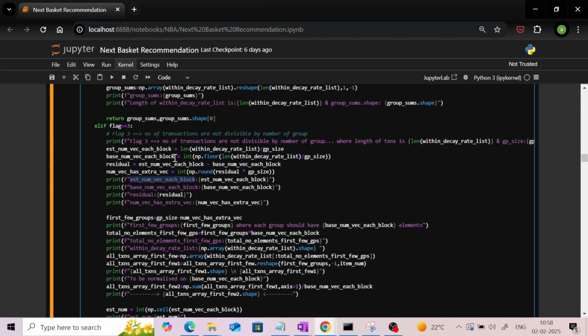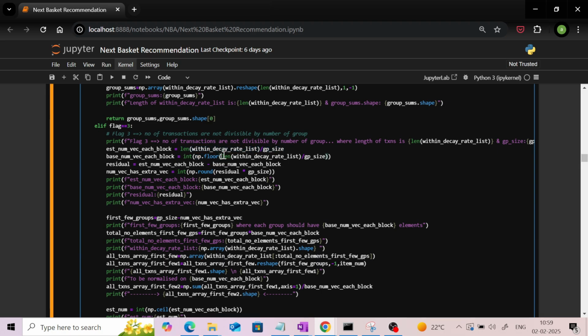Then it calculates the base number of vectors in each block. Basically, if you take the whole number of the list, the whole transactions, it floors the value that we calculated over here. 2.14 was what we were getting.